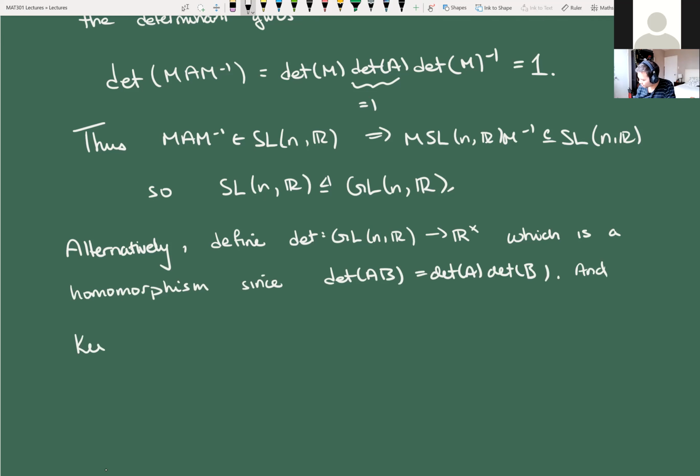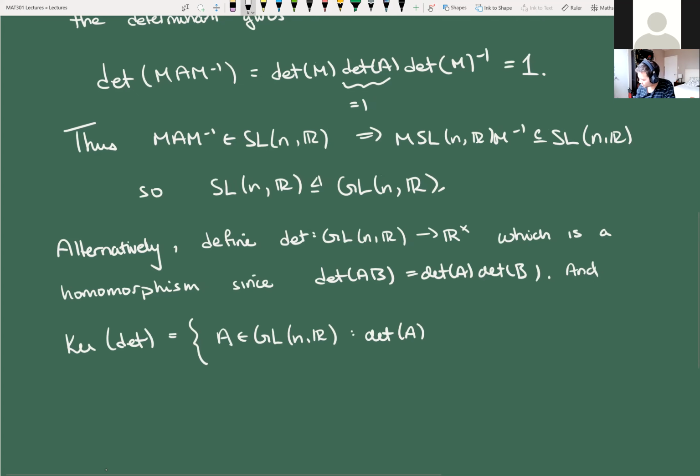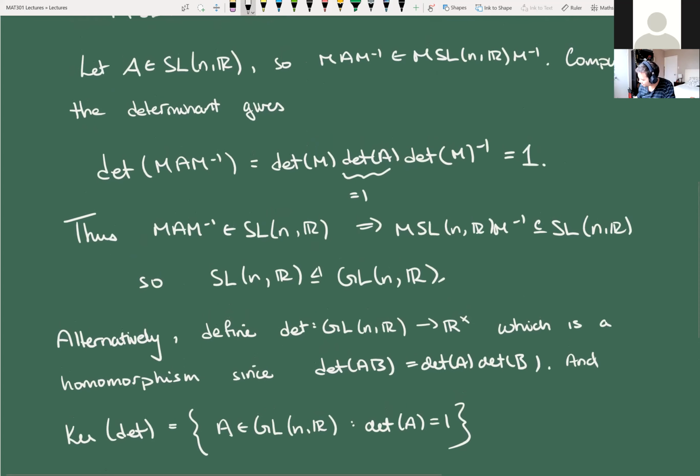And the kernel of the determinant map, well, those are going to be the set of all matrices which map to the identity. But the identity of multiplicative R is 1. Well, this is exactly the definition here.